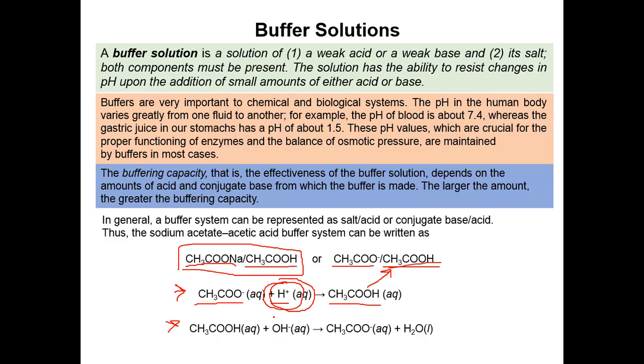For example, if we put in a little bit of OH minus, which means we made the environment basic, then acetic acid comes in and neutralizes this OH minus. How? It makes acetate and water. So see acetate here? And water. Water is harmless, right? Water doesn't do anything wrong. So basically, by having acetate and acetic acid, we can manipulate acid and base.